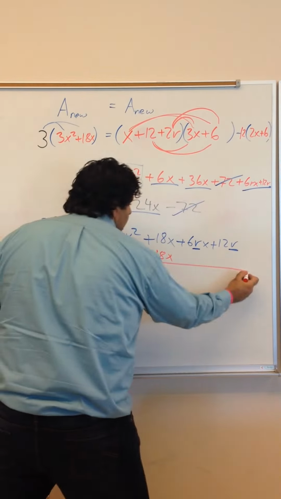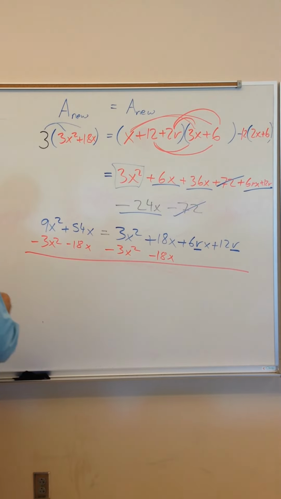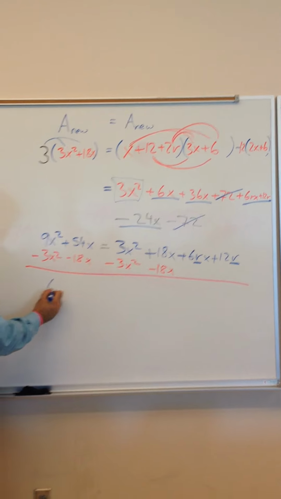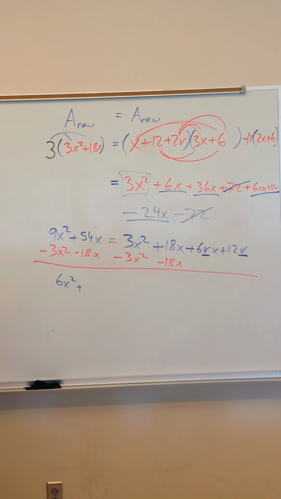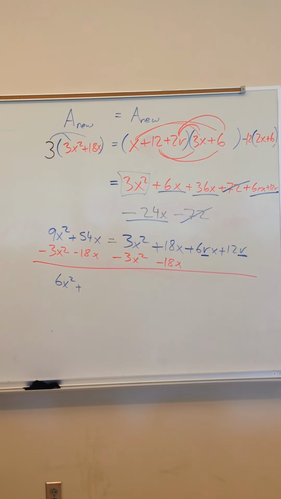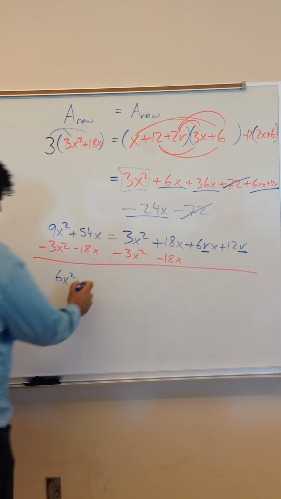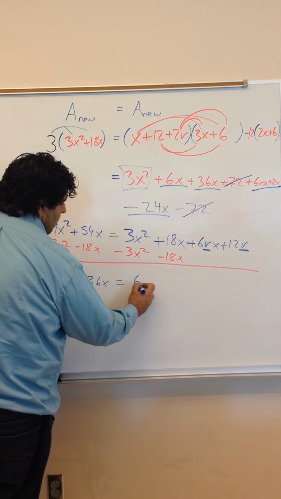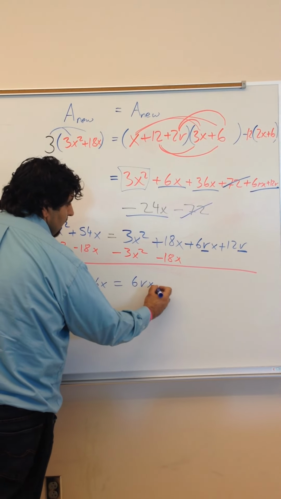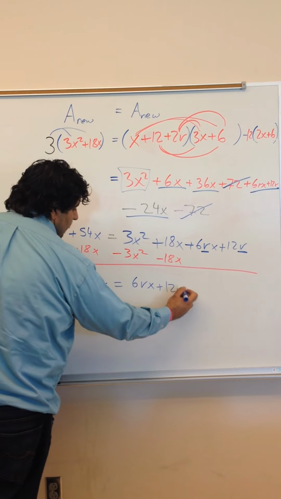You end up with 6x squared plus 36x equals 6rx plus 12r.